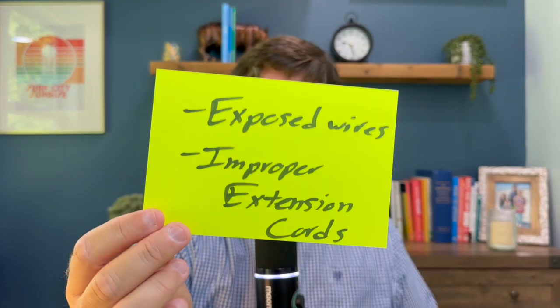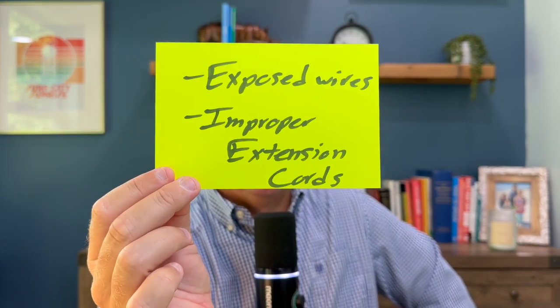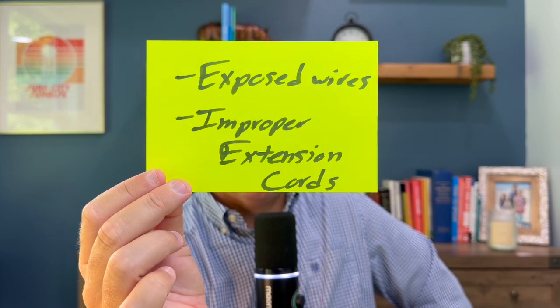And then one of the other problems that comes up is improper use of extension cords. So flexible cords get used all the time. All the time. I'm using them here in my office right now. I've got flexible cords. These might be extension cords. They might just be regular power cords. But these cords are not allowed to run through a door, through a window, through a hole in the wall, through some kind of sharp grommet area that doesn't have protection on it.